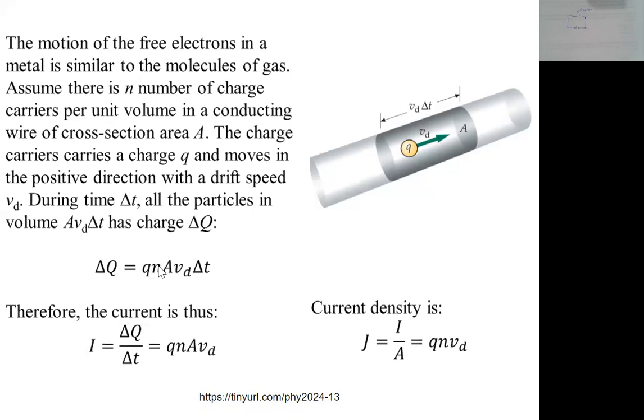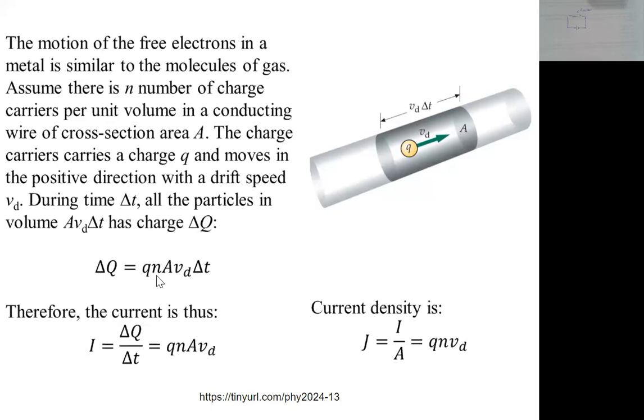So A times Vd times delta T gives you the length of the cylinder that the charge goes through in the given time. Area times this length gives the volume of the cylinder.